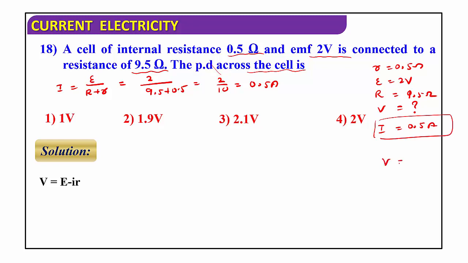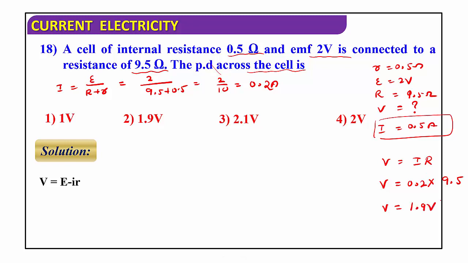Now we have the equation V equal to IR. V equal to the I value, 0.2, into the R value, 9.5. Sorry, I value is 0.2 here, since 2 by 10 means 1 by 5. 0.2 into 9.5, we got the final answer 1.9 volt.